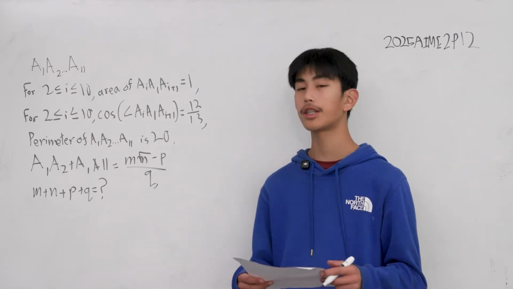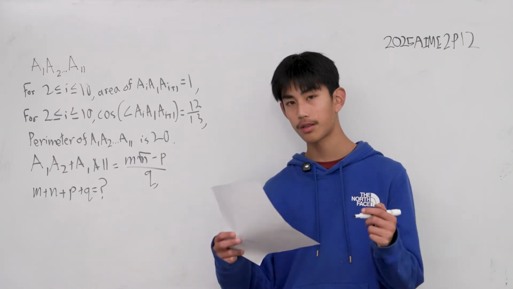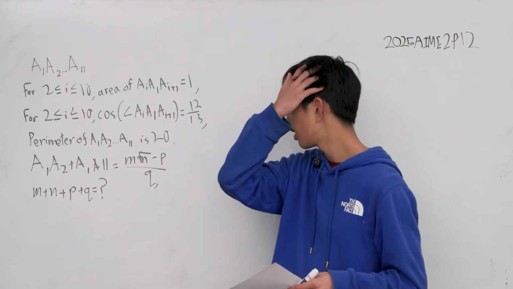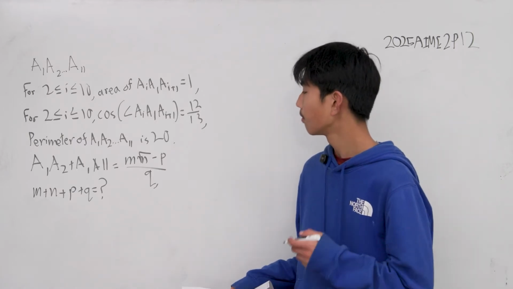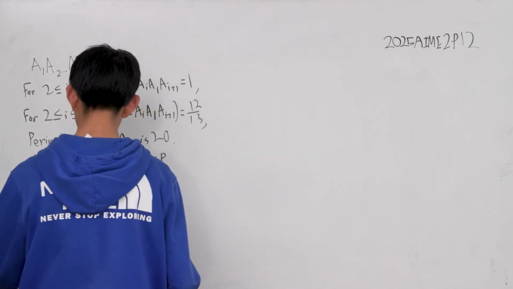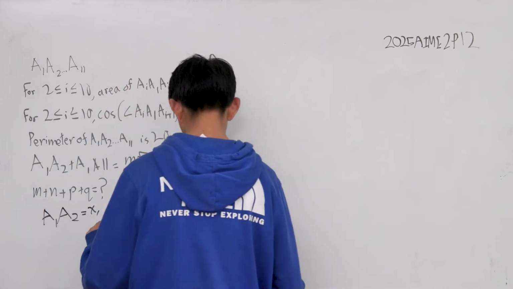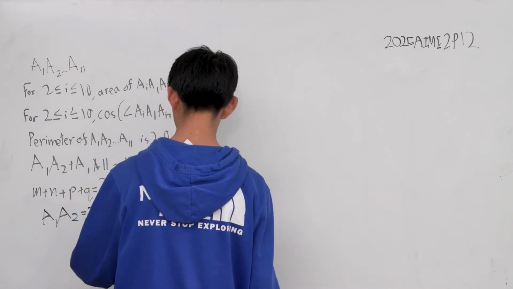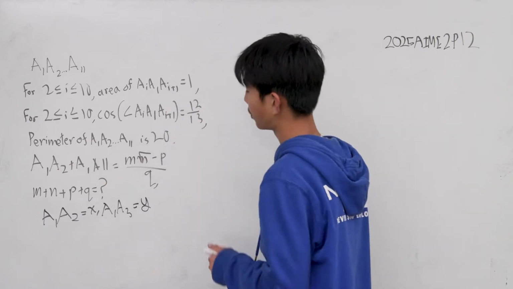What we want to solve for is probably going to end up looking like this. The first thing we want to do in this problem is set variables to certain lengths to see if we can make do with anything, and we can do trial and error on the first triangle. If we set A1A2 to have length x, and A1A3 to be y, then the area of this triangle is equal to 1.